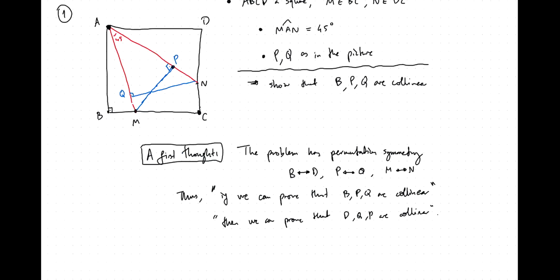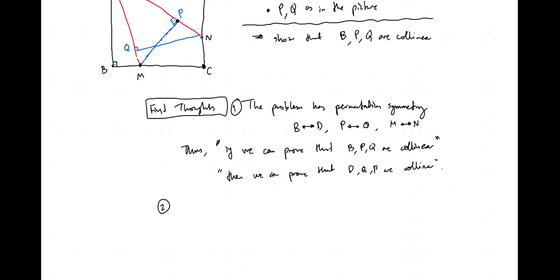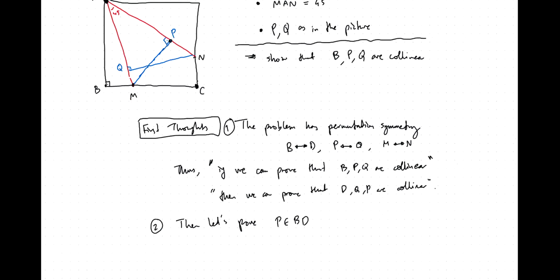Okay, so these are, let's say, first thoughts. This is one. The second. Then let's prove P is on BD. Let's just focus on proving this. Analogously, we get Q is on BD.